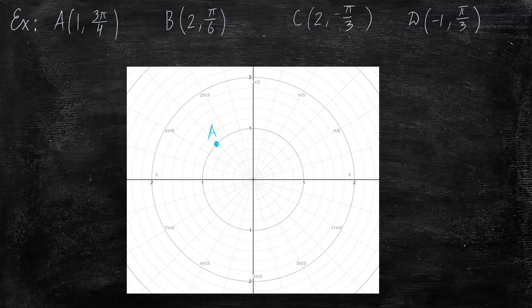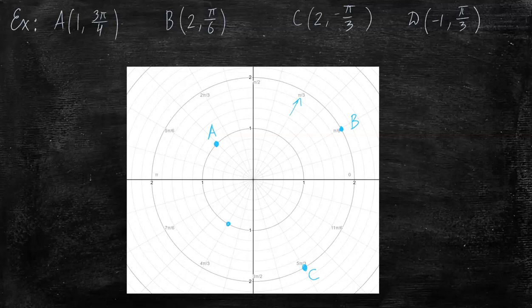That's A. 2 comma pi over 6 will be right here. That's B. 2 comma negative pi over 3 will be right here. And negative 1 pi over 3, so we face pi over 3 right here, but we move negative 1, so in the direction of 4 pi over 3.